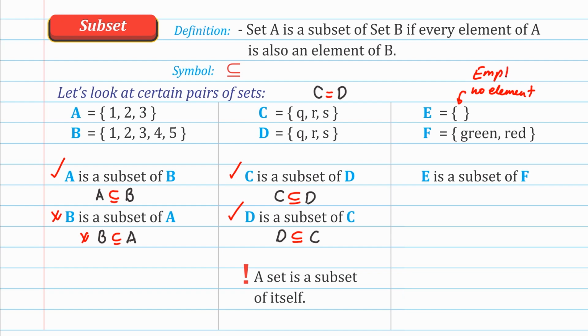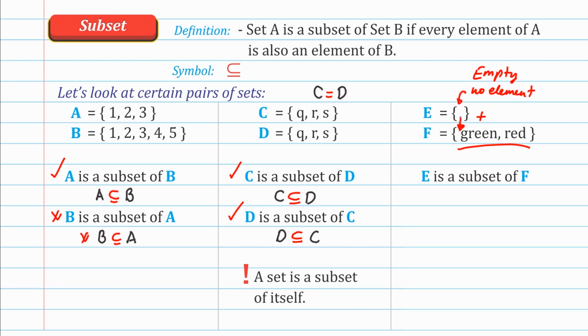First, note that set E, being empty, has nothing in it. It has no element. Then, let us go back to the definition of a subset, therefore asking the question, is that no element a part of set F? We can answer this by attempting to combine sets E and F. Combining set E, the null set, and set F with elements green and red, we have green and red.